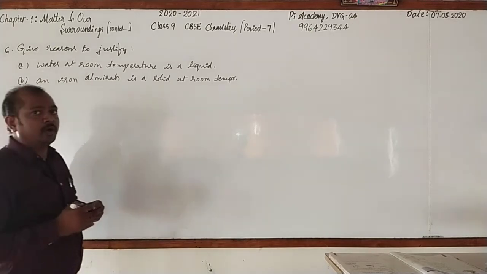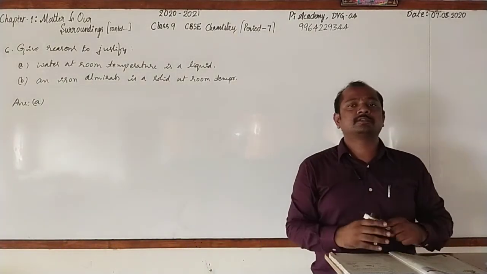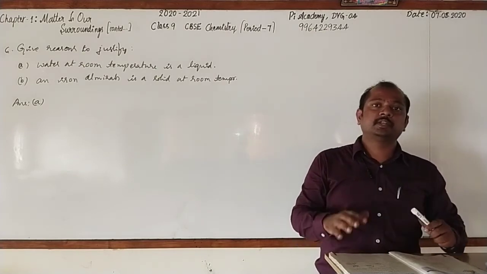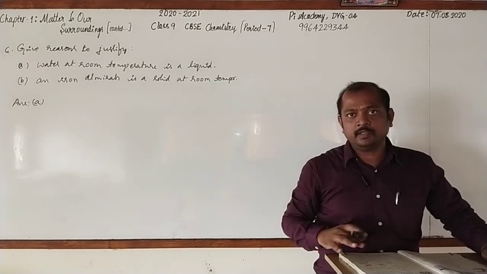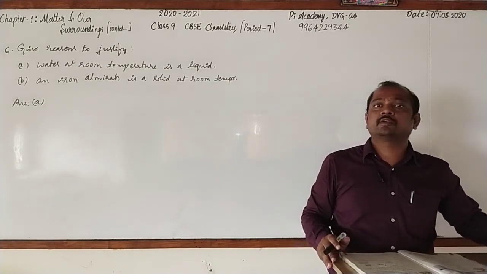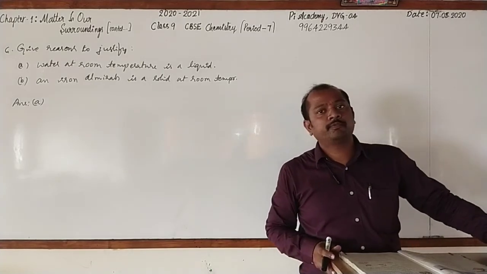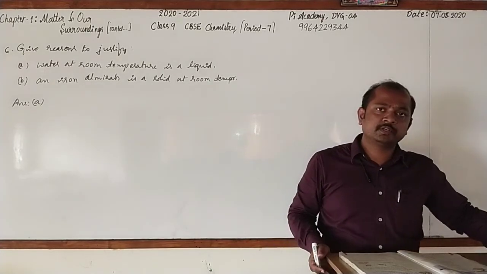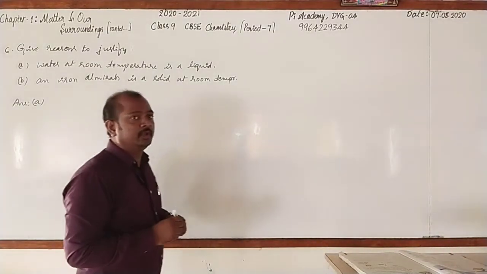A. Water at room temperature is liquid. Then just recall some of the important properties of liquid. Whether liquid can flow easily, of course, hence we can call it as fluid, right? Whether it has a definite shape, no definite shape. What about the volume? It has definite volume.